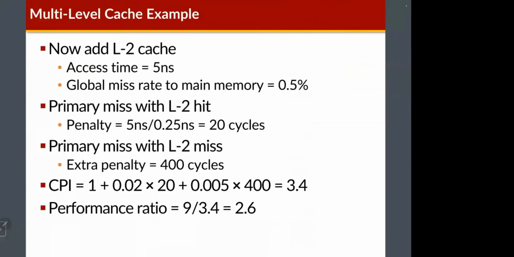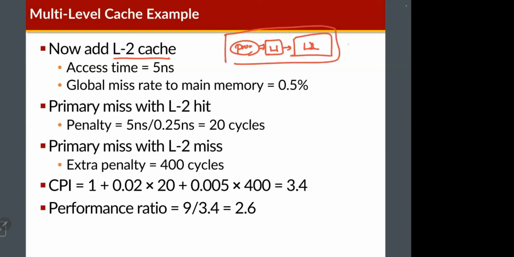But let us assume that we have an L2 cache. This is the processor, and it accesses the L1, and then the larger L2 cache, and after that the processor can access DRAM.